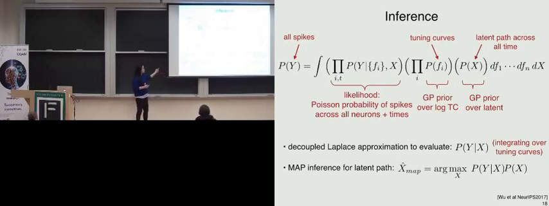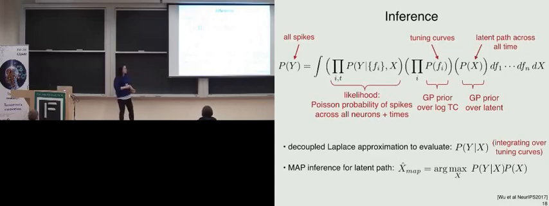So this is a standard two-step approximate inference to solve the problem. After doing this, we will get the optimal latent path X hat as well as the tuning curves F. I'm going to show both X and F that are inferred from the spike trains only in the following slides.